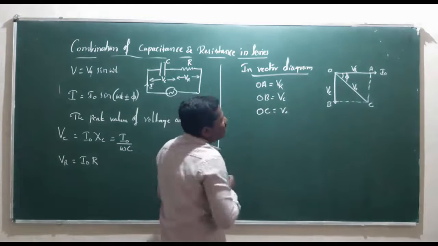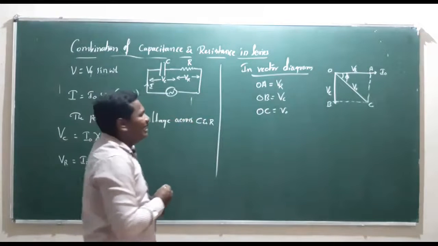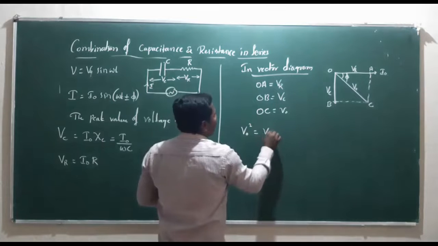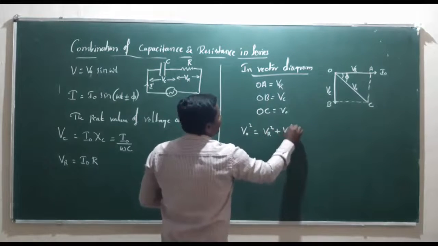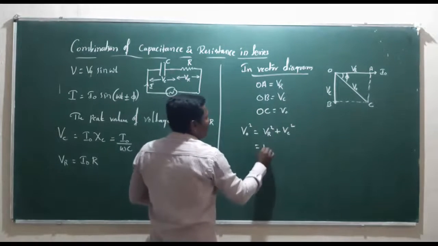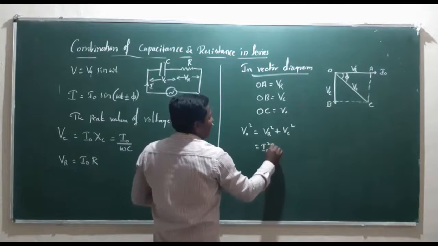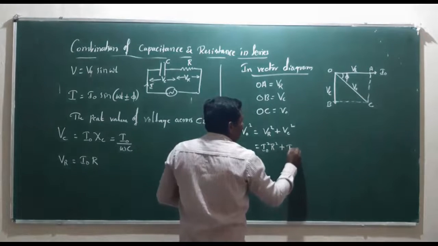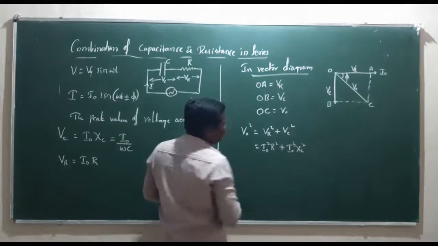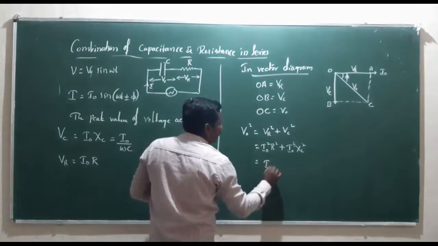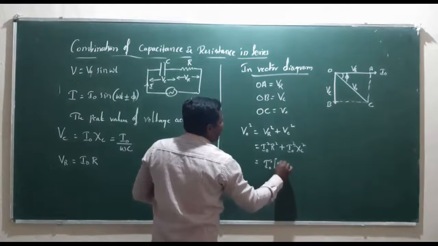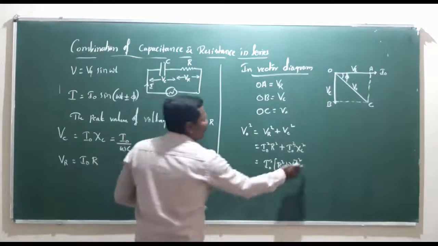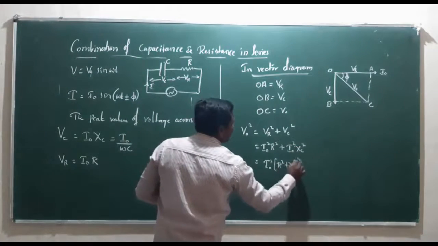By considering the triangle OAC, V naught square is equal to VR square plus VC square. We know that VR square is I naught square into R square, plus VC square is I naught square into chi of C square. Taking I naught square as a common term, we get R square plus chi of C square.